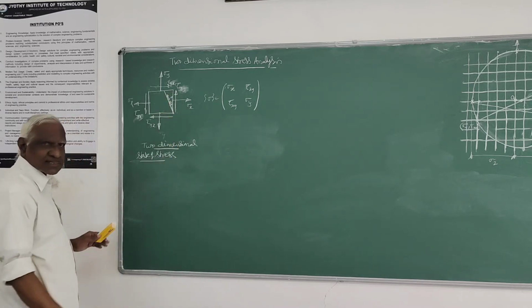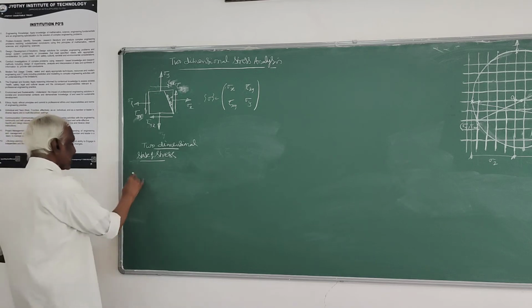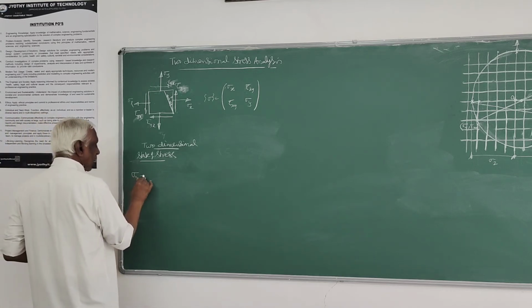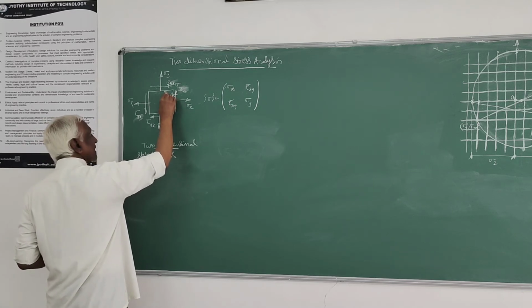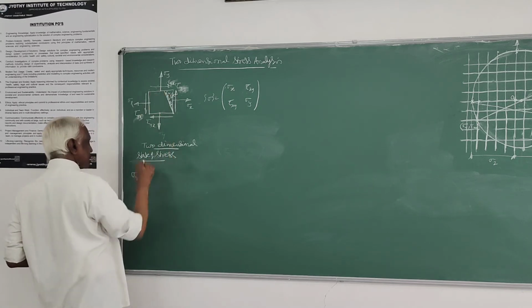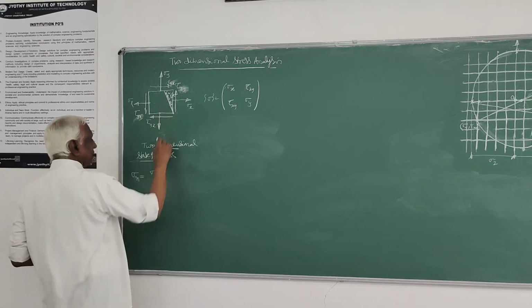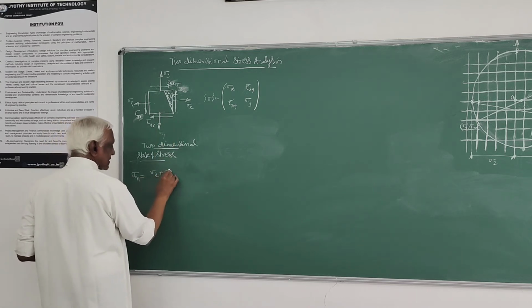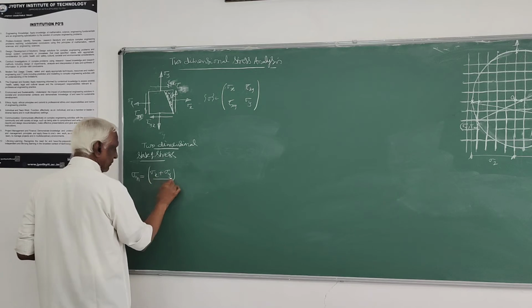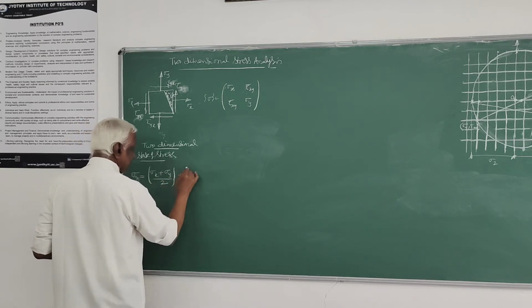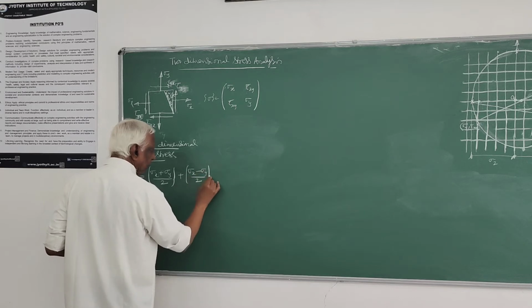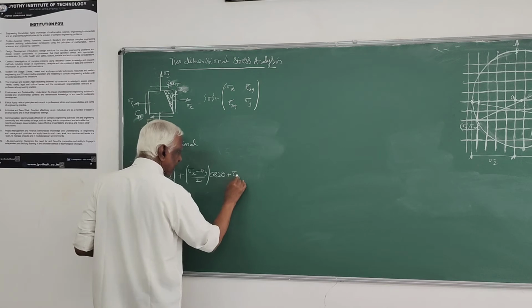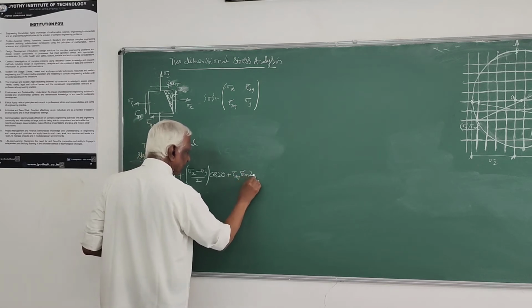One is normal stress, another tangential stress, and those stresses are given by that sigma n. Normal stress, this is sigma t. Tangential stress, they are given by this sigma n equals sigma x plus sigma y by 2 plus sigma x minus sigma y by 2 into cos 2 theta plus tau xy sin 2 theta.